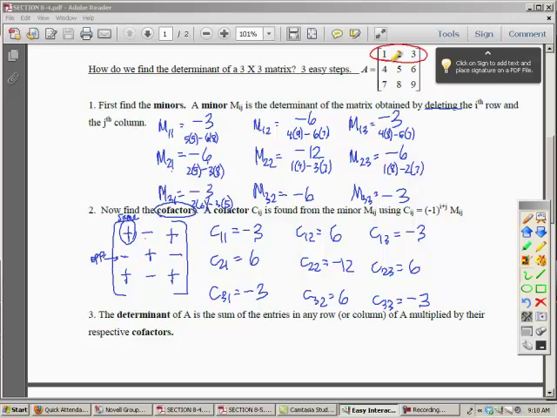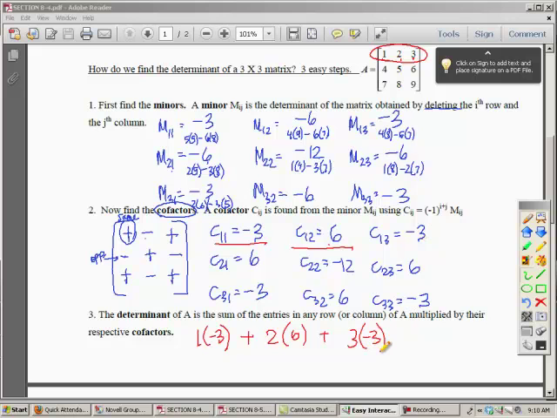And what I do is I take the values in that row, okay, and I multiply them each by their cofactor position. So 1 will get multiplied by cofactor 1,1, which is -3, plus 2 is going to get multiplied by 6, so 2 times 6, plus 3 gets multiplied by the third cofactor, which is -3.